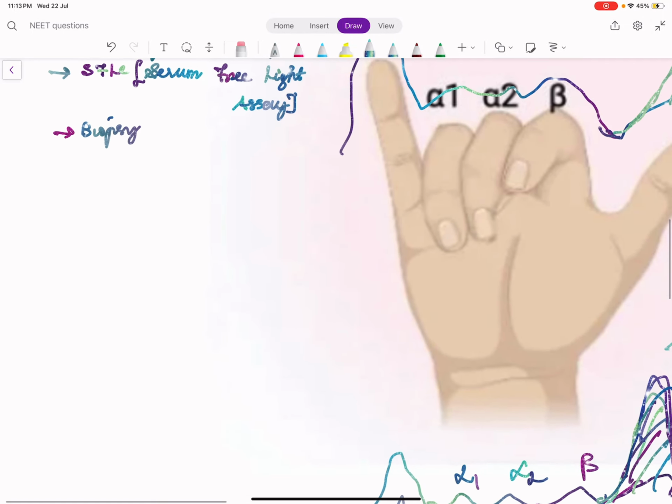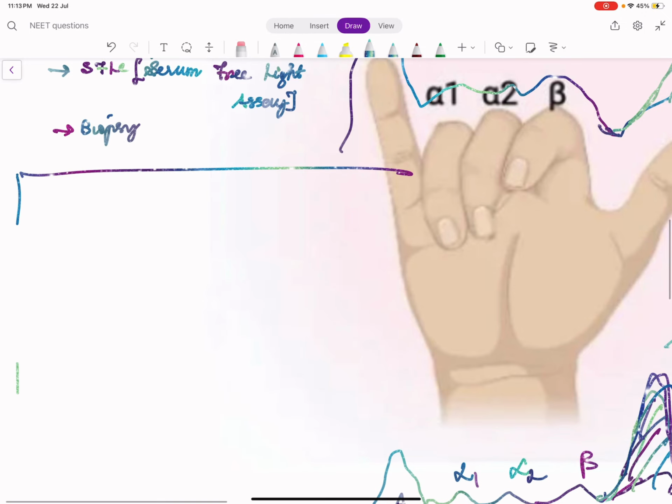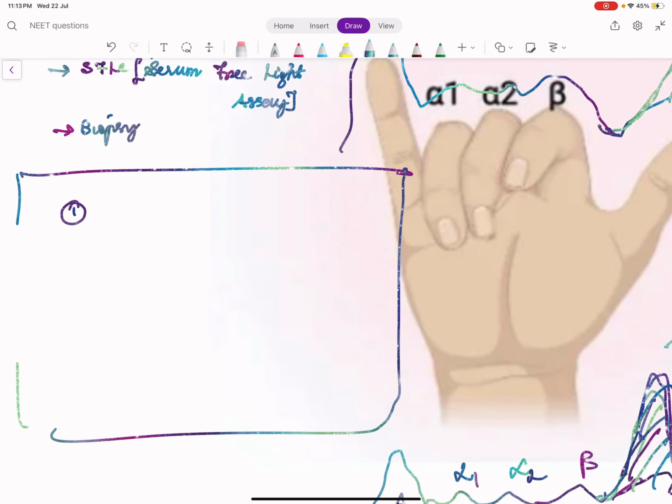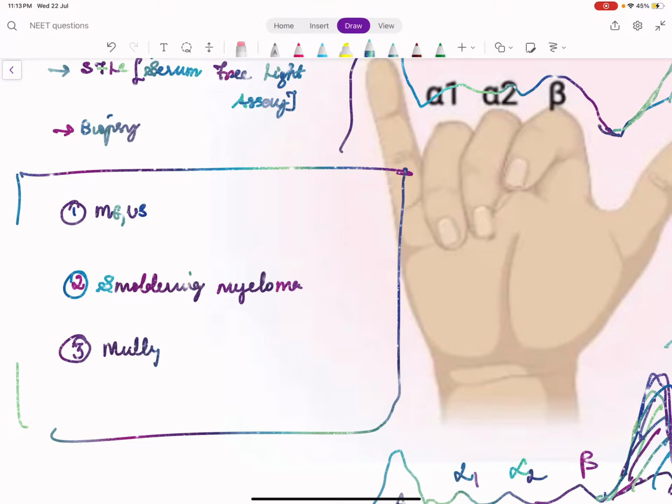Plasma cell dyscrasias are of multiple types. A few terms are MGUS, monoclonal gammopathy of uncertain significance, smoldering myeloma, and last is multiple myeloma. So what is monoclonal gammopathy of uncertain significance?